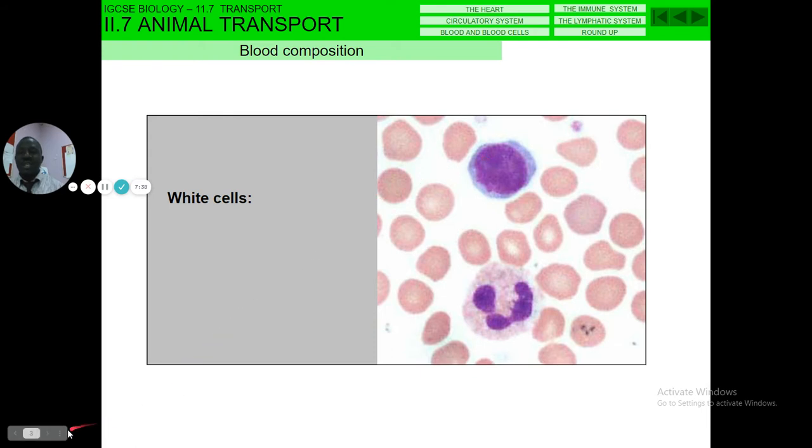White blood cells have a nucleus, that's one thing.